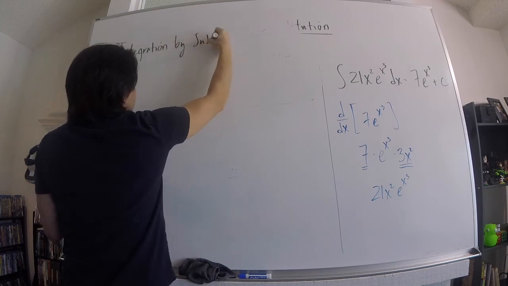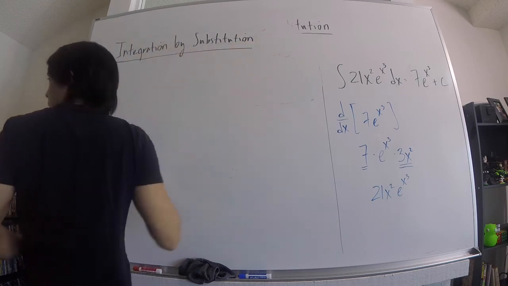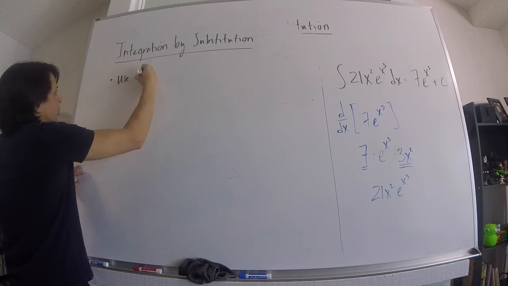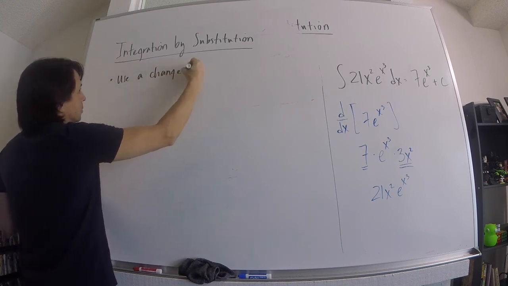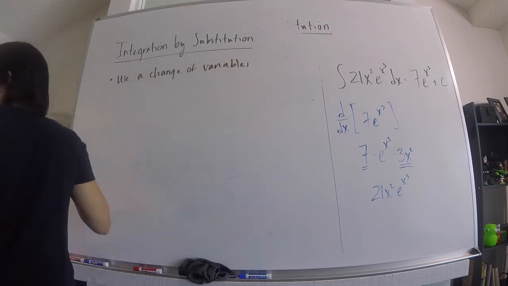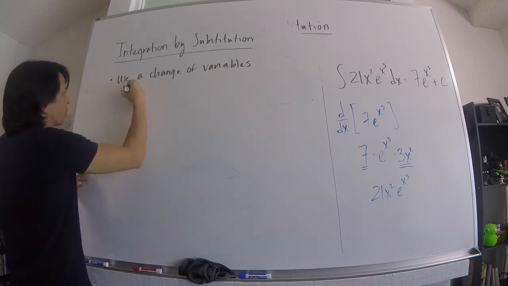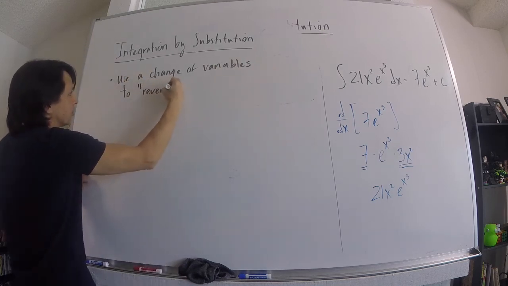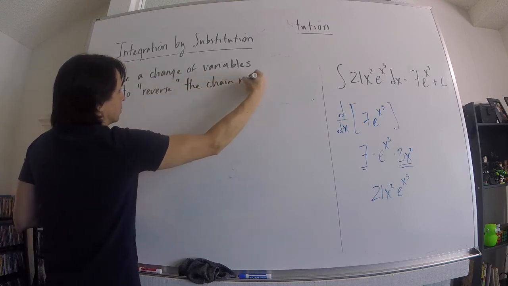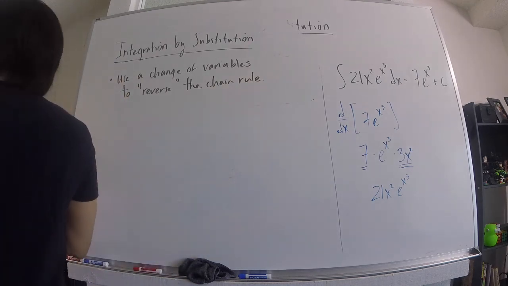I mean, that's the title of the section, but you're going to use a change of variables to, and I'll put in quotes because it's not a formal term, reverse the chain rule. And so this is something that's called the reverse chain rule, informally.